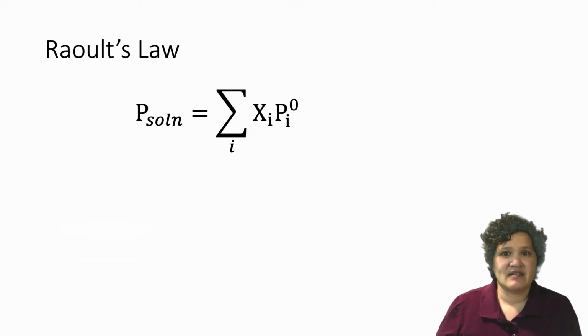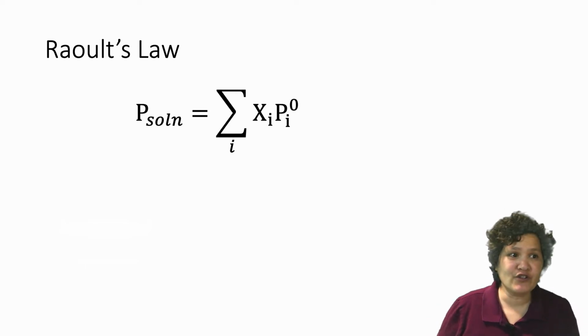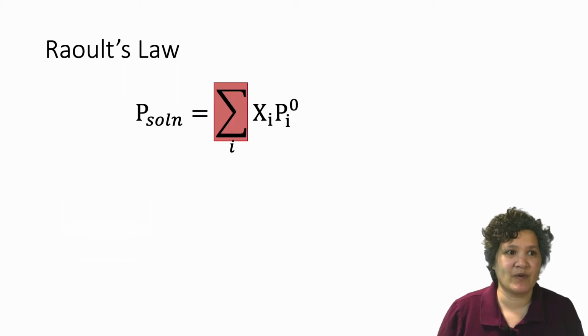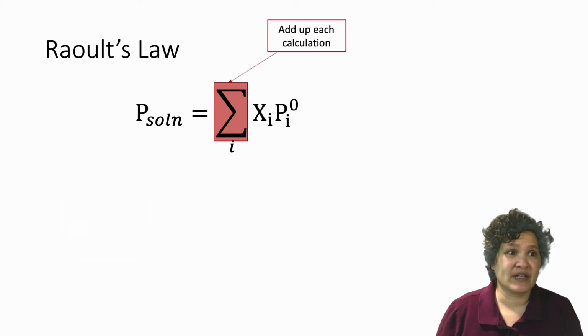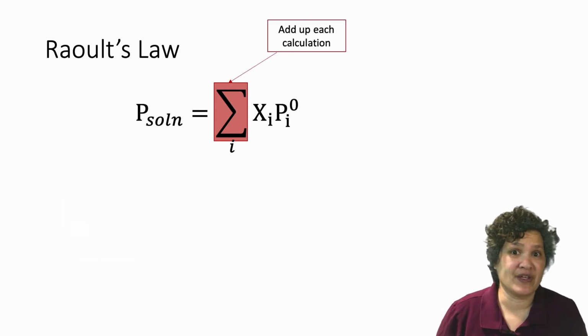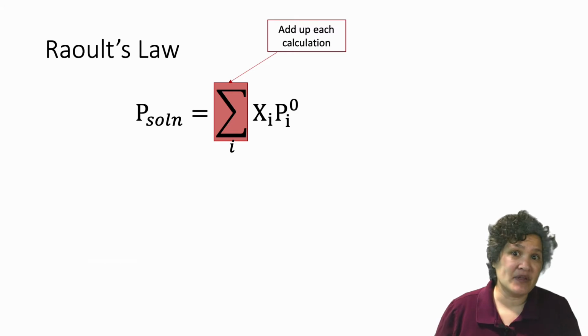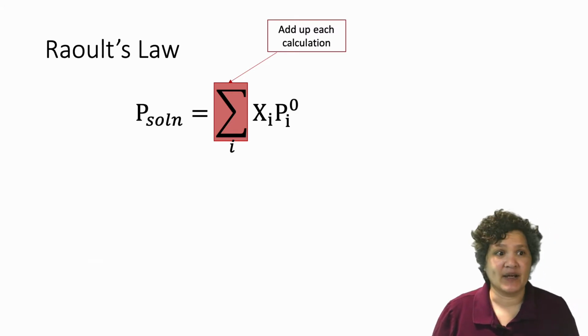And this is the official way that we write it. The partial pressure of a solution equals this big sum. Well, what does this mean? Remember, this symbol is a summation symbol. So basically what we're going to do is we're going to calculate a whole bunch of things and add up the results of each of those calculations. How many things are we going to add up?